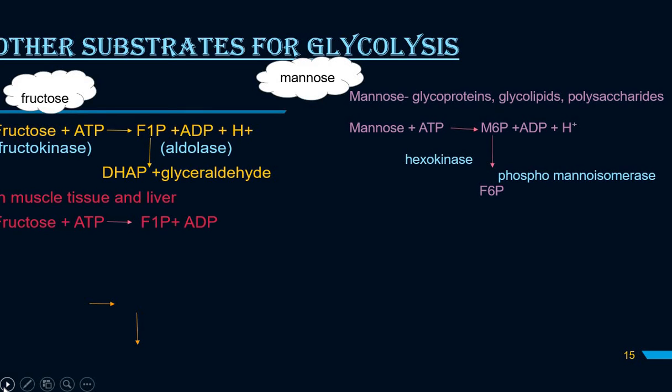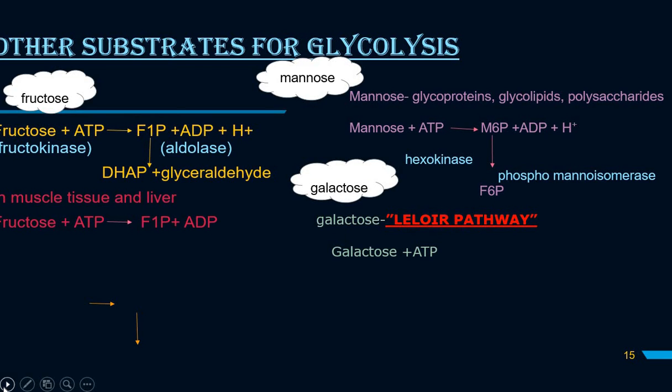Next is mannose. Mannose, like the former, also consumes ATP and produces mannose 6-phosphate in presence of hexokinase, and after that it is isomerized to fructose 6-phosphate. Next is galactose. This pathway is also known as the Leloir pathway, an alternative pathway of glycolysis.